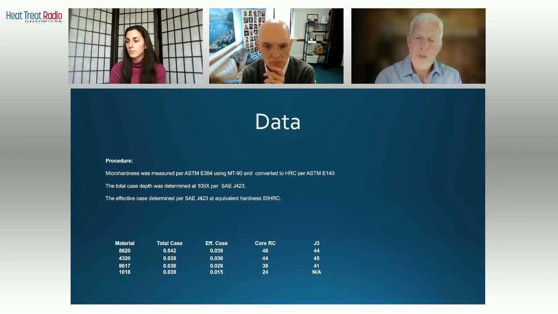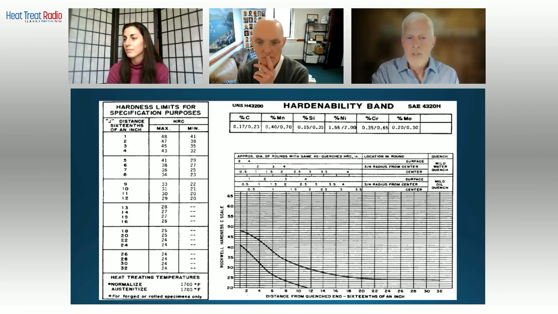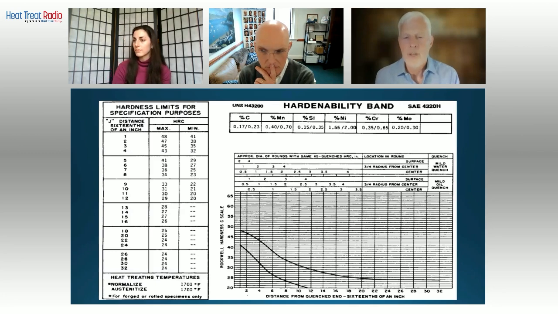So if we reference back to that hardenability chart that we looked at, if we look at a 1/2 inch section on that chart, at the very bottom, a 1/2 inch section quenched in moderately agitated oil has a distance from the surface, or a geometry position, of J3.